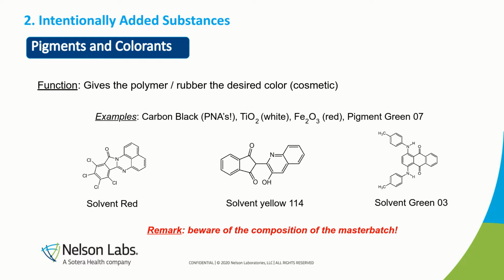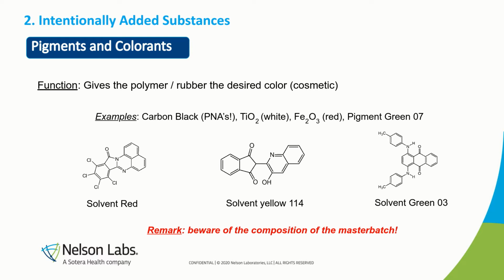Other examples are pigments, of course, and colorants. Those compounds try to obtain or try to change the cosmetic of the polymer. Sometimes that's desired because you want to differentiate between strength or the application between populations or applications or whatever. And the most common pigments or colorants are carbon black.